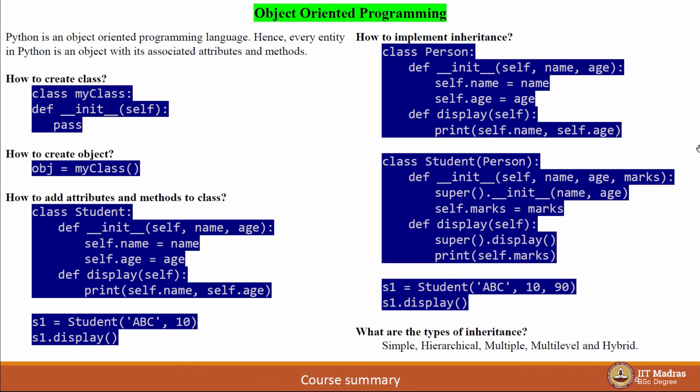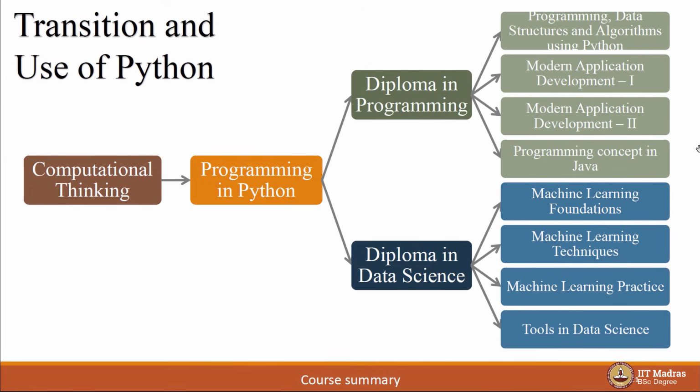Now you all must be wondering what's after this, and the answer is this particular flowchart over here, which shows the transition of your study from computational thinking to programming in Python to two levels of diploma available in this particular program.